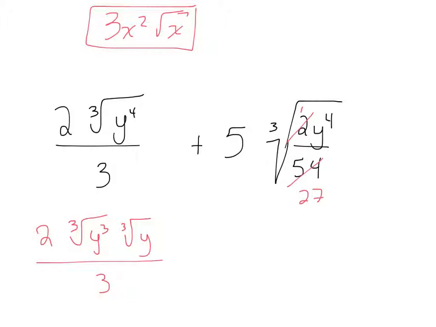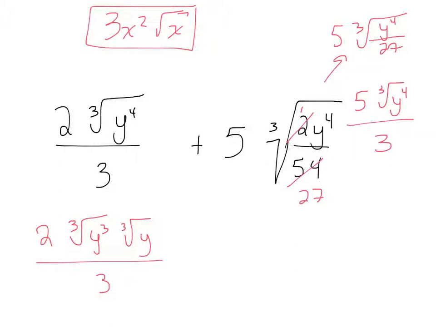So I'm going to write this one up here. This one is really 5 times the cube root of y to the 4th over 27. That's when I simplify the 2 over 54. And then the cube root of 27 is really 3. So this is 5 times the cube root of y to the 4th over 3. Again, the cube root is around the y to the 4th and the 27.